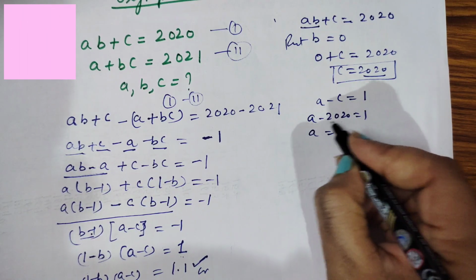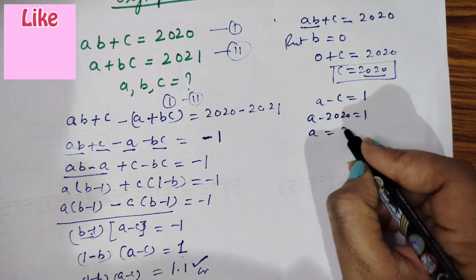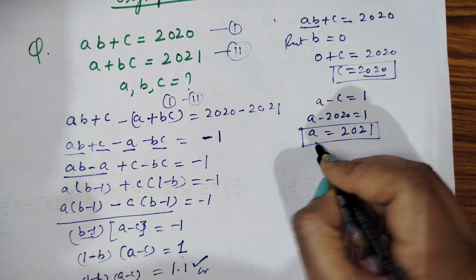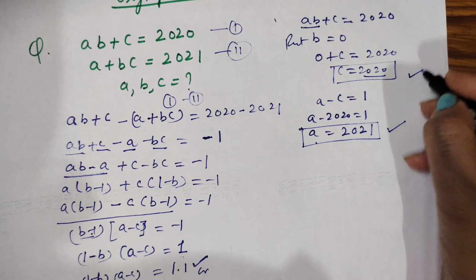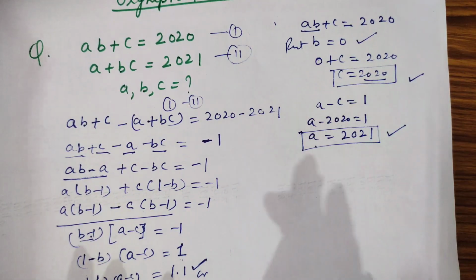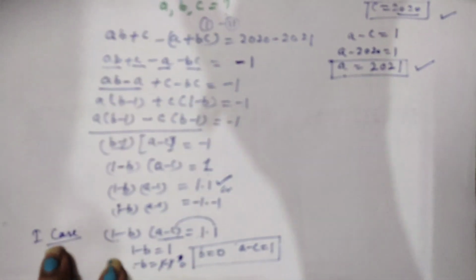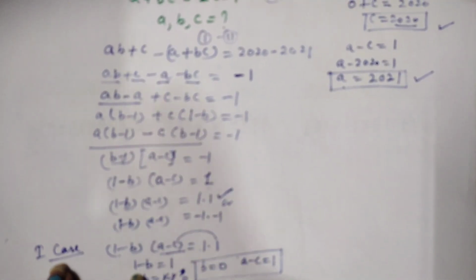So this minus 2020 goes to that side, so A is 2021. So A value is this. So these are the three values according to the first case. This is your case 1.